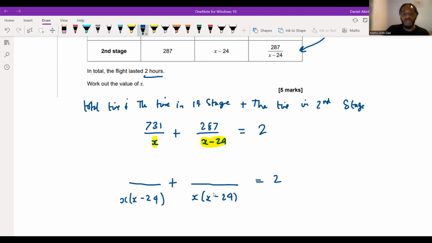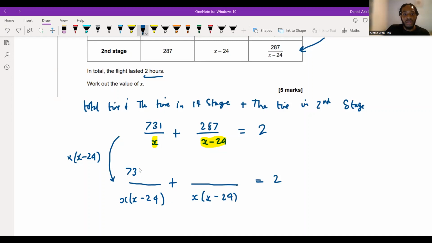Now you just ask yourself, how do I go from x to an x minus 24? I know I need to multiply by x minus 24. So that tells me I need to do that with the 731. 731 and then x minus 24.